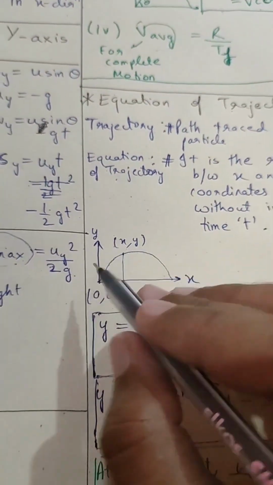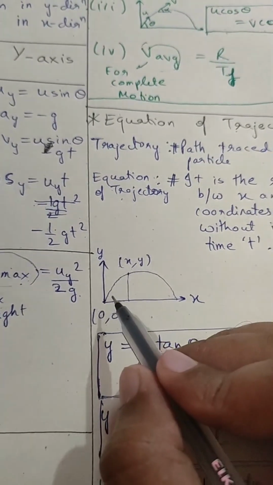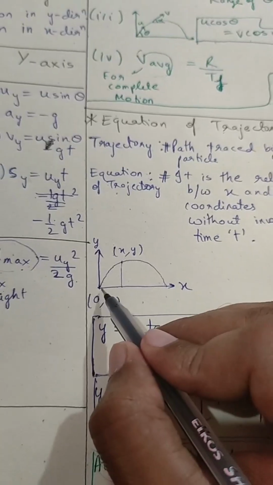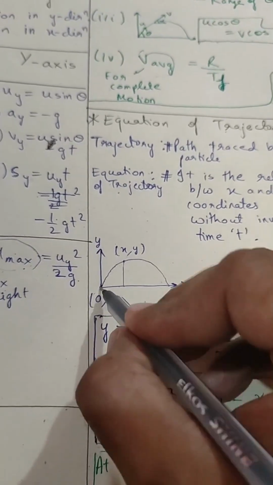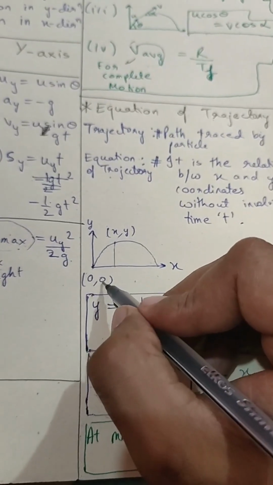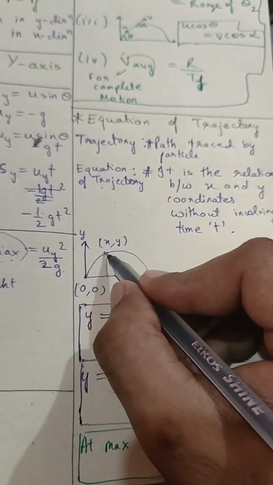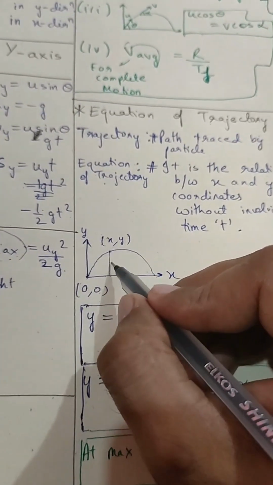First of all, for the equations we need to describe a coordinate system. Say the point where the motion starts is the origin, and the ball goes up, and at any instant it is at the x, y coordinate.